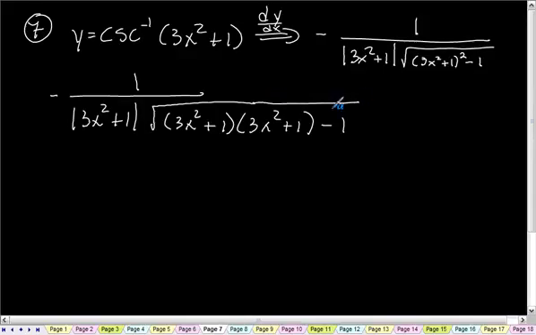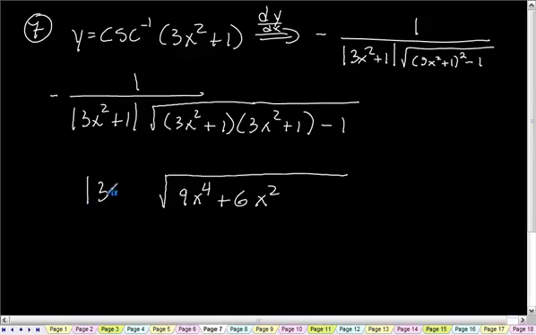Now for even more fun, I distribute this on the inside. After simplifying, I get 9x to the 4th plus 6x squared plus 1 minus 1 cancel out, so I'm left with just that on the bottom. That's going to be times 3x squared plus 1 on the top, minus over here.